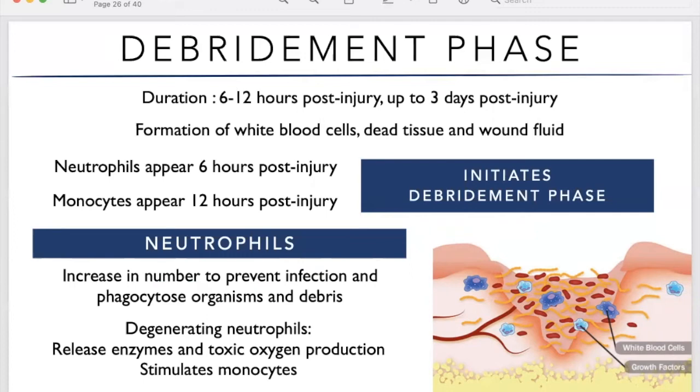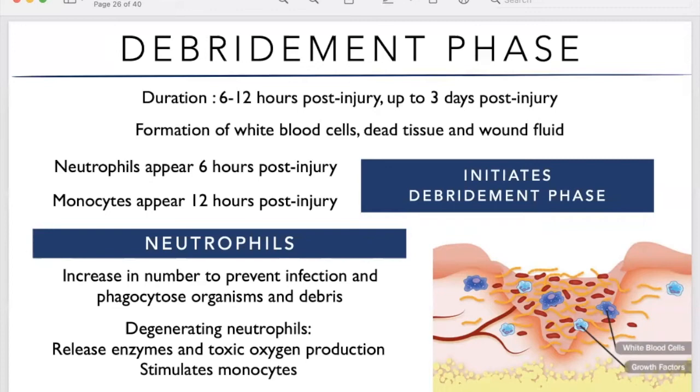Okay, that's debridement. Right? Tinatanggal natin yung mga yon. So the body uses its own immunological cells or inflammatory cells to start that process, right? The debridement phase can be done by the body and by us, right? As needed, right? We'll discuss this in management of open wounds, right?